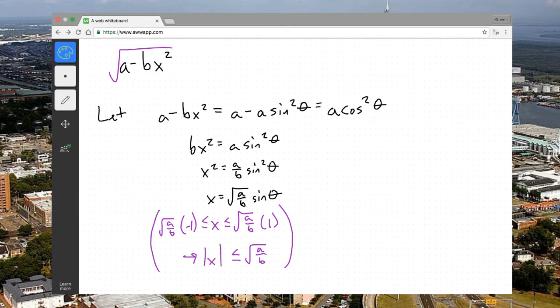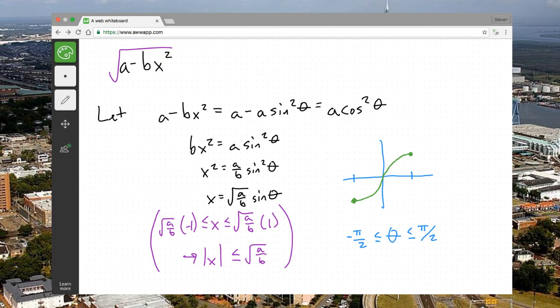But we also should make a note that in this process we don't want repeated x values for different theta values. So we're going to let our theta range between pi over 2 and as small as -pi over 2. And if we have that be our theta values, then the sine function would look something like this.